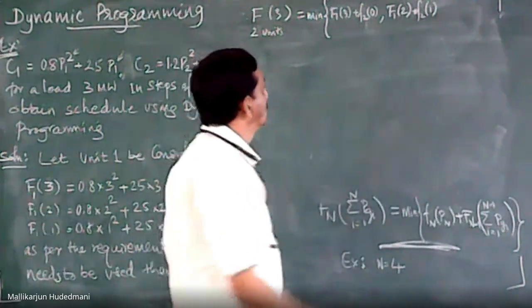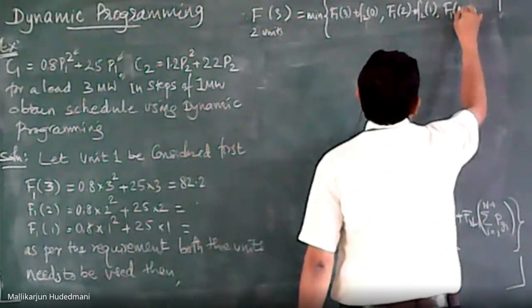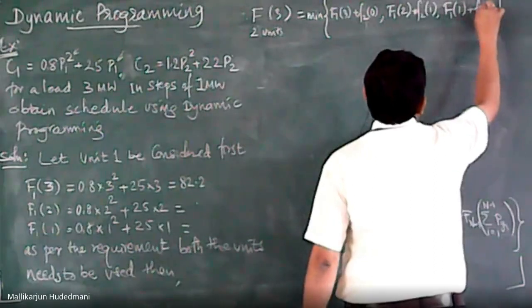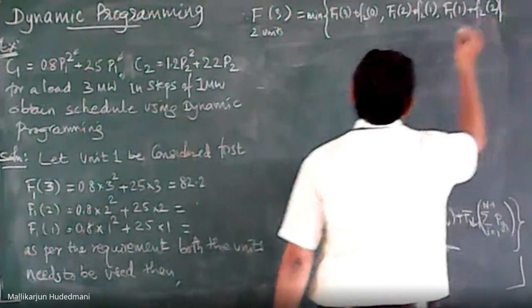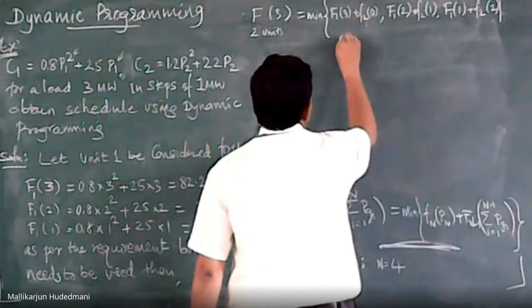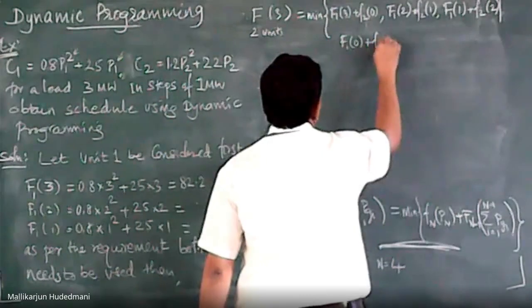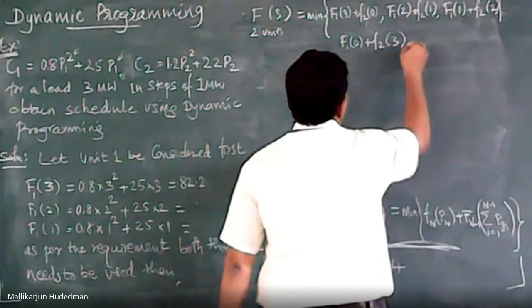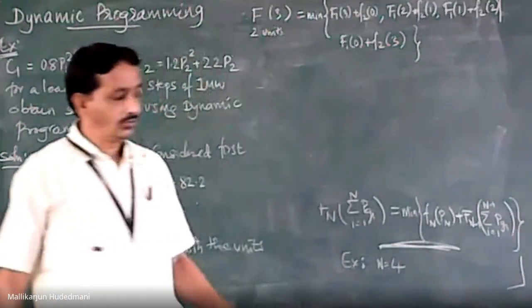Next combination, comma, F1 be 1 megawatt plus F2 be 2 megawatt. Then I have F1 be 0 megawatt plus F2 be 3 megawatt. This is the combination I have.